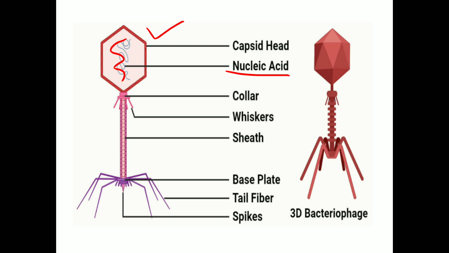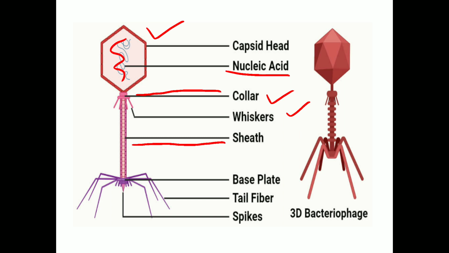Third one is the collar. Here the small circular portion just below the capsid head structure is called the collar. Then whiskers, the thread like structure attached to the collar, are called whiskers. Then the sheath, the spring like structure present here, is the sheath of the virus.